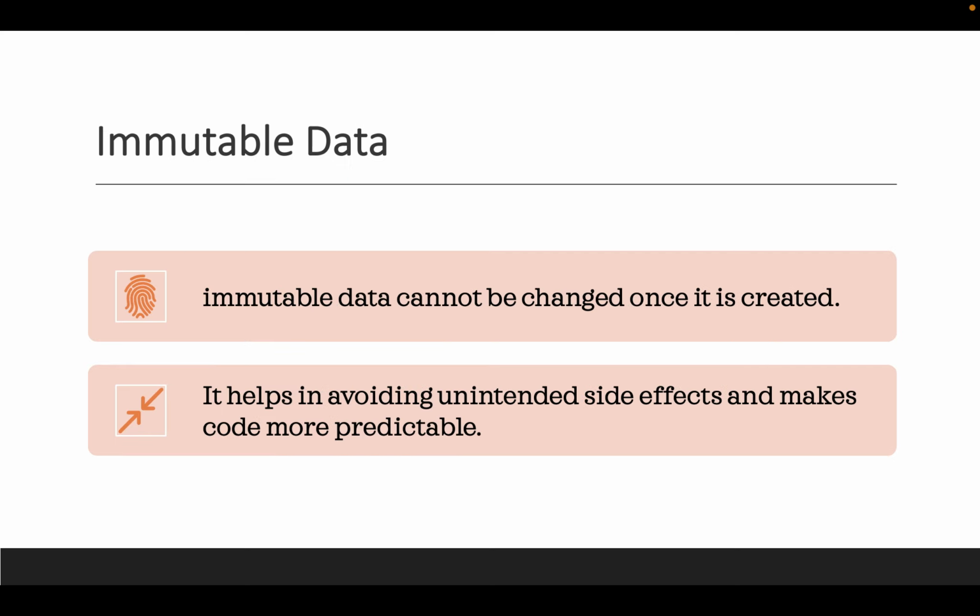Next, we'll come to immutable data. Immutable data is data that cannot be changed once it's created. We do not modify the data structure with assignment statements. We create a new data structure with a copy of the old one. In this way, a lot of issues when it comes to modifying data, particularly in a multi-threaded and asynchronous programming environment, can be eliminated.